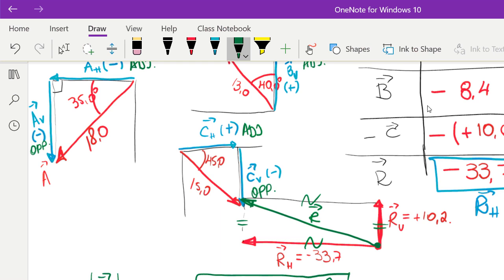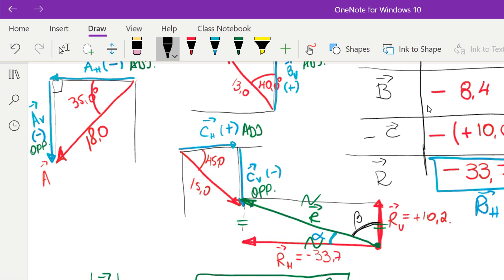And now, in order to find the angle, you can use any of the side angles. You can use this angle here, which I'm calling alpha, or you can use this angle here, which I'm calling beta. Both of them will be fine.